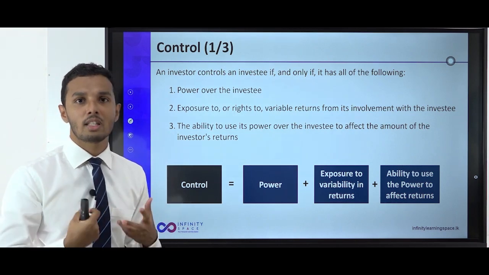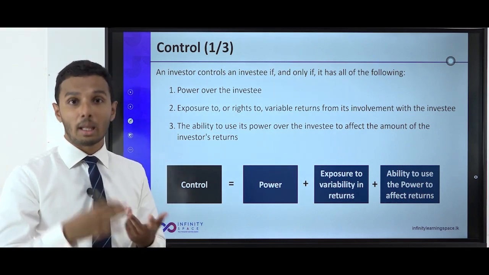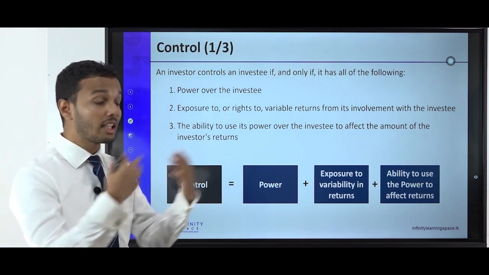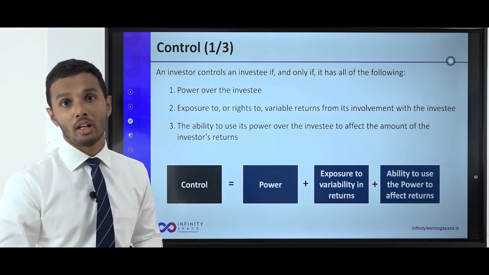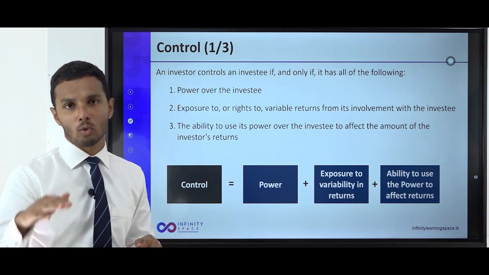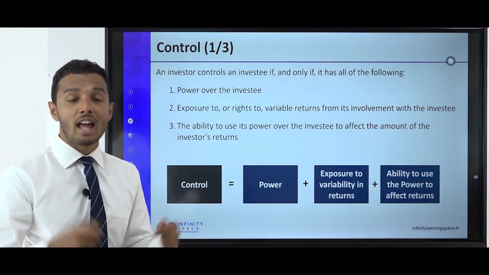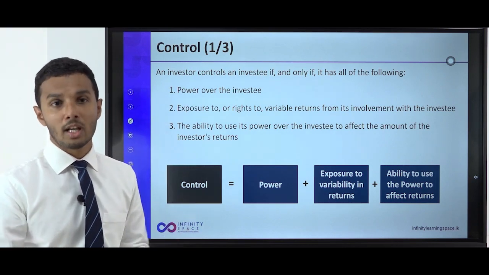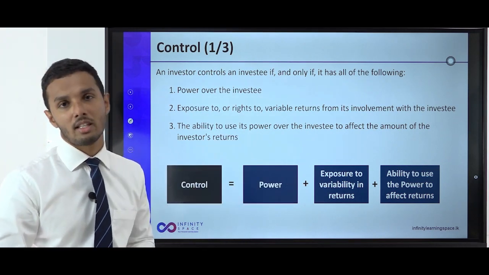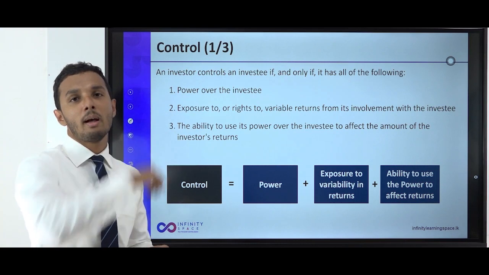The returns the investor will enjoy can be dividends or capital appreciation. Those are forms of returns. And then in a year the investee is not doing so well or is loss making, the returns the investor will enjoy will be low. So he will not get a dividend and the share price might not go up. So the returns that the investor will get from his investment in the investee need to vary with the performance of the investee.